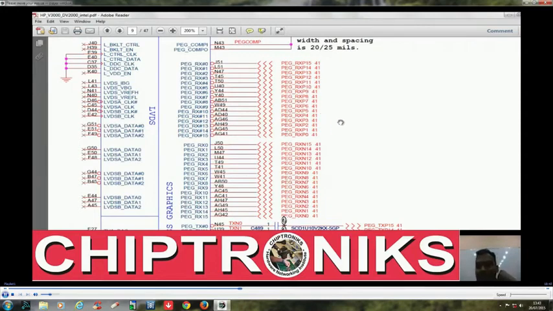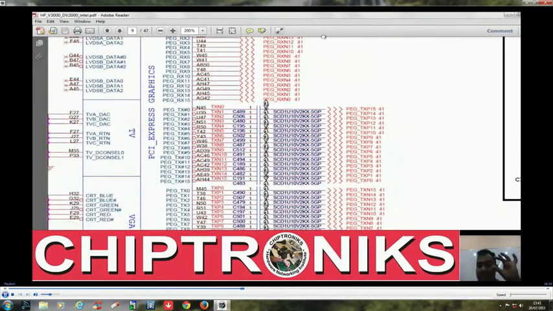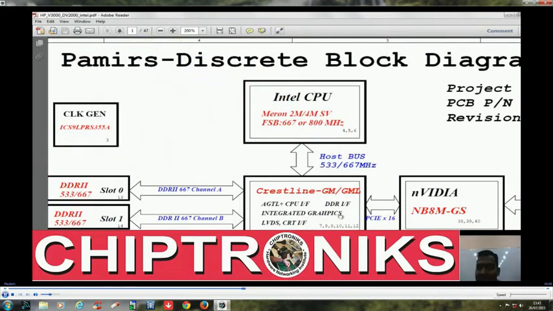So PCI Express 1 means 4 wires, 2 wires for transmitting, 2 wires for receiving. This is PCI Express 16. That means there will be 64 wires between the GMCH and the NVIDIA chip.